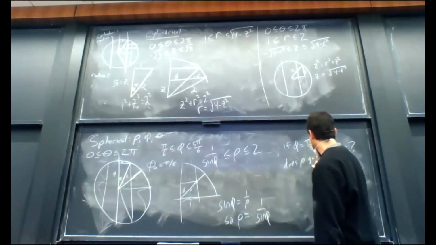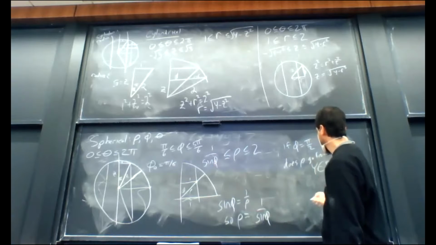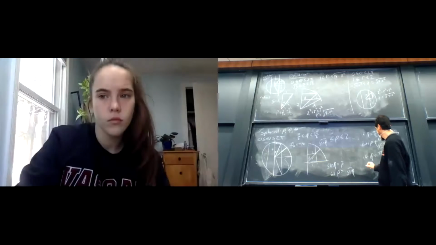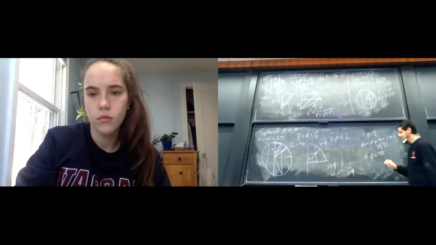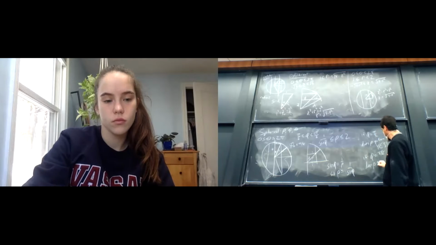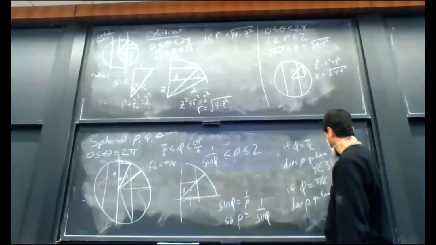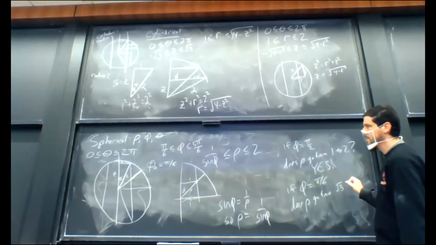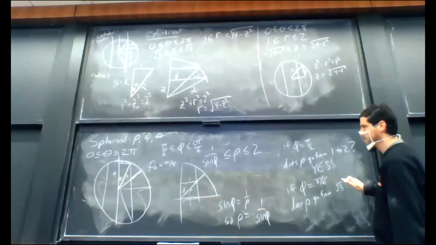Yes. And then if phi equals pi over 6, does rho go from 2 to 2?